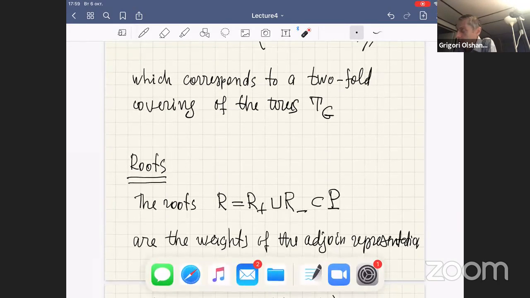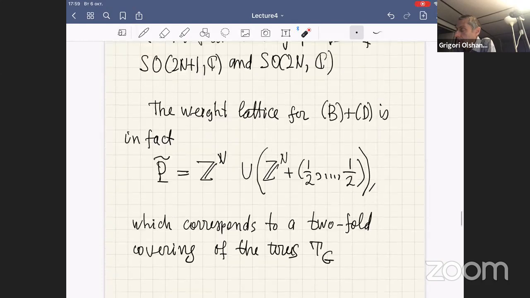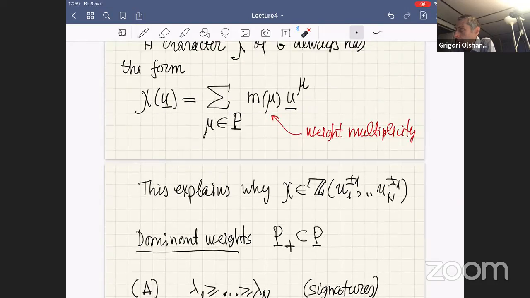The next definition which I need is the roots. I forgot to say, sorry, the weights mu which really appear here are called the weights of our representation, which correspond to these characters. There are only finitely many of them because the representation is of finite dimension.